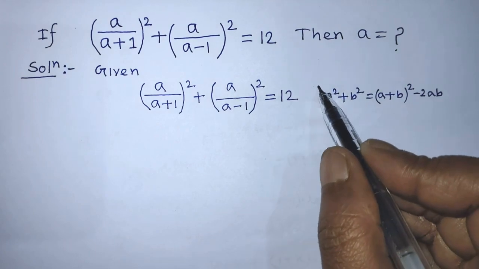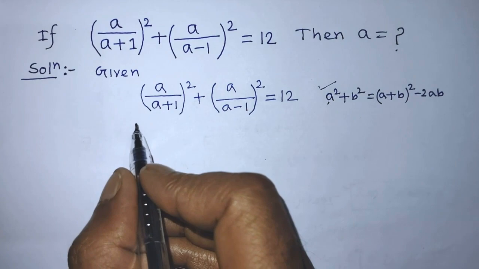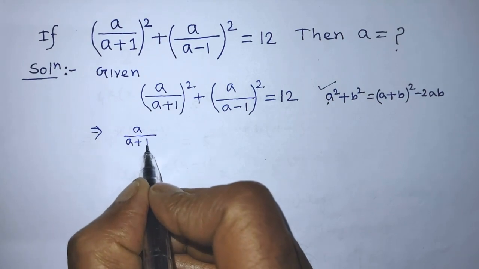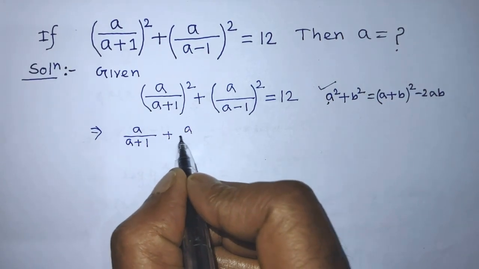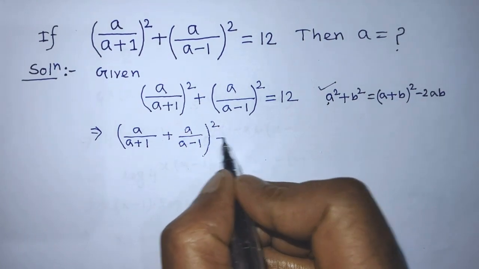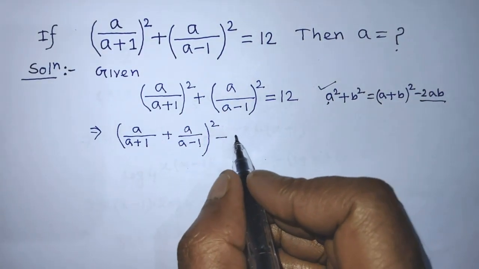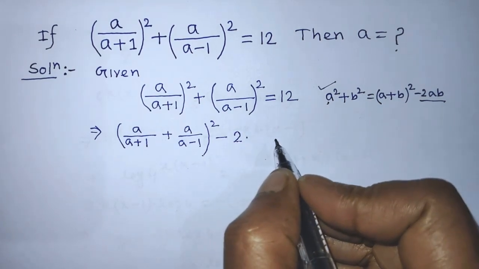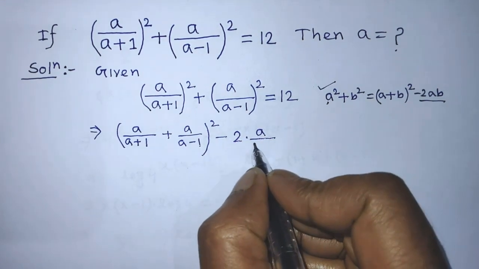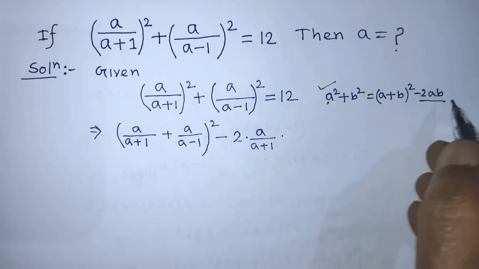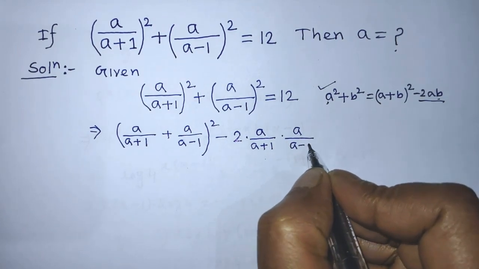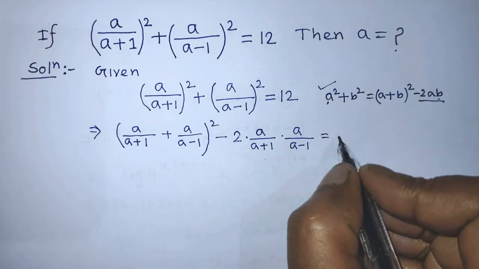According to this formula, we can write from the left hand side (a over a plus 1 plus a over a minus 1) whole to the power 2 minus, in the place of 2ab we can write 2 times a over a plus 1 times, in the place of b we write a over a minus 1, is equal to, on the right hand side again we have to write 12.